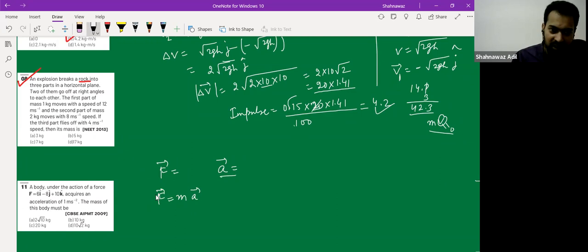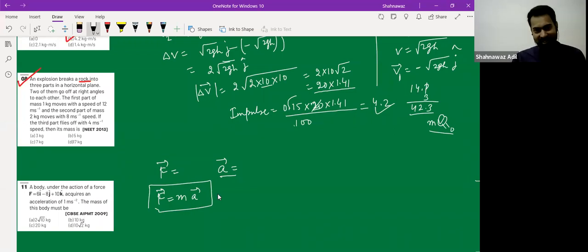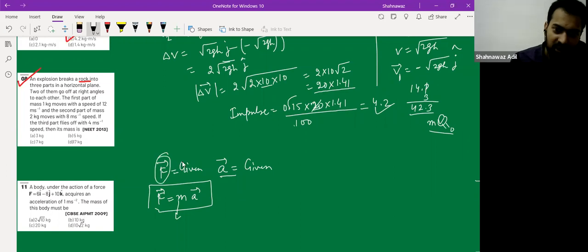Now tell me the answer in the chat box, or you can unmute yourself and tell me. You calculate. From now on, you will do some questions and I will listen. Just calculate the magnitude of F and A and use this formula.